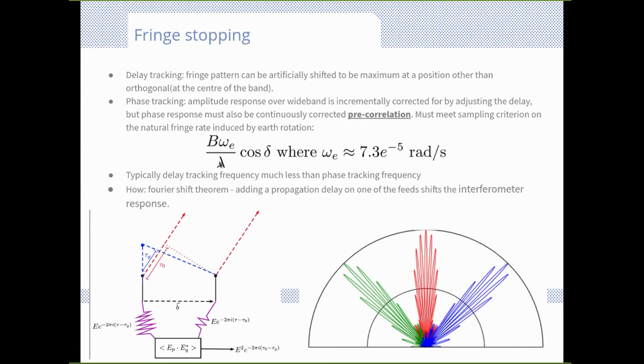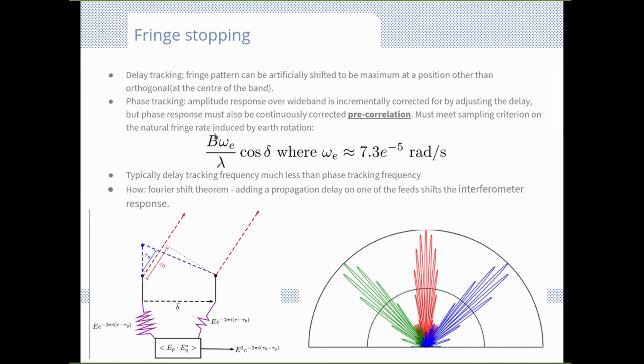That complex exponential depends on tau, where tau is the dot product of the source offset vector from our tracking center of the telescope with the baseline vector, and it needs to be updated by this relationship here. B is just the baseline length in this case. So if we have a larger baseline length, we need to update more quickly, multiplied by the sidereal rate of the Earth, which is about 15 degrees an hour, roughly, divided by lambda.